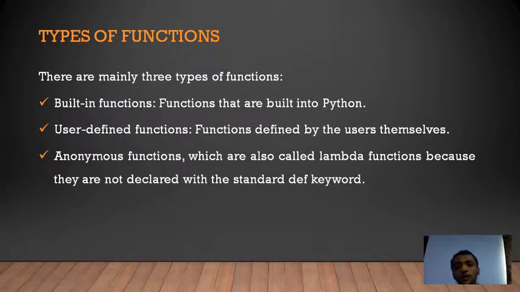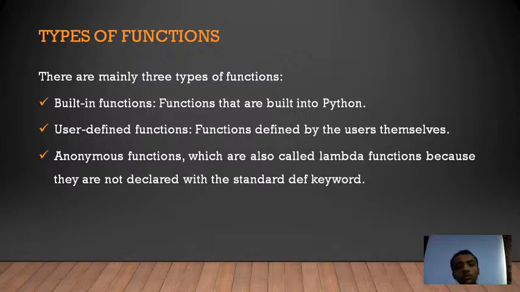There are mainly three types of functions: built-in functions, user-defined functions, and anonymous functions. We will see built-in and user-defined functions here. Built-in functions are functions built into Python itself, and they come with Python.